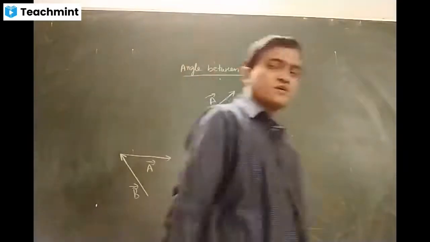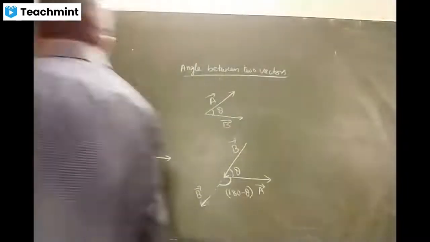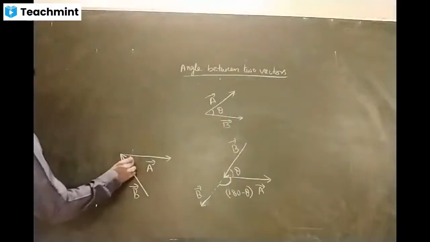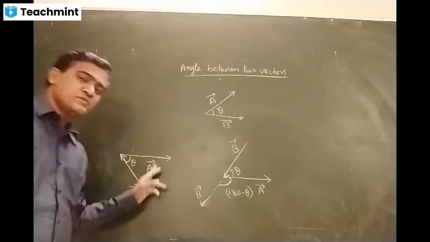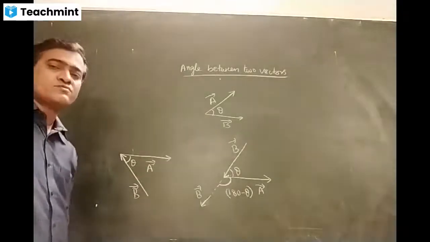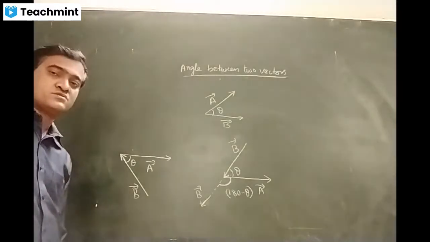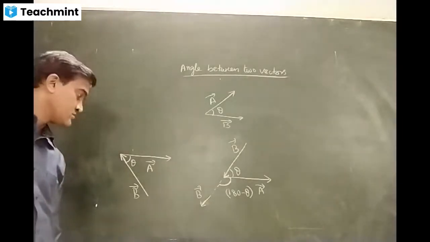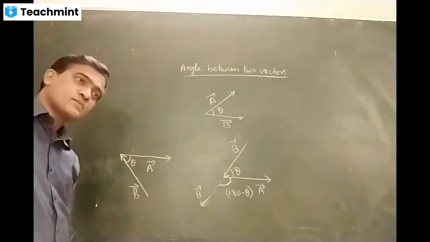Now in this case, if I want to find the angle between two vectors, and here I have given this angle as theta, but theta is not the angle between A bar and B bar. Remember, so what you have to do, you have to extend and join the tails of the vectors. Yes, you have to join the tails.